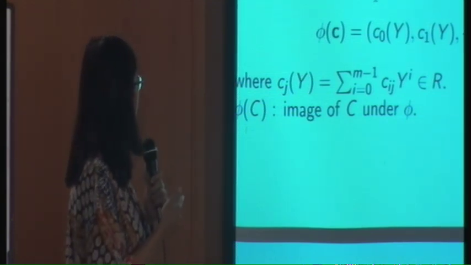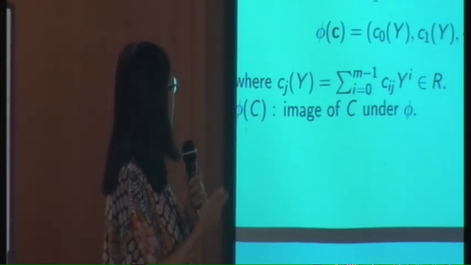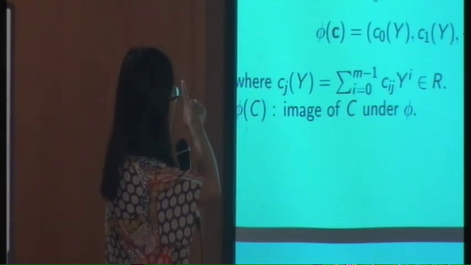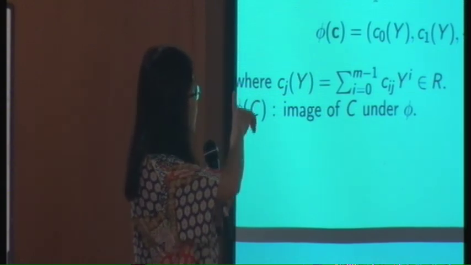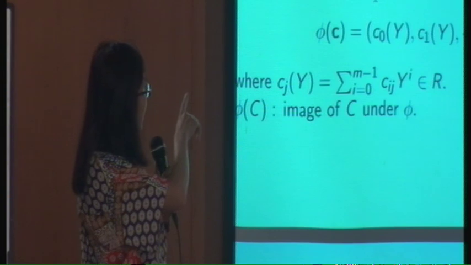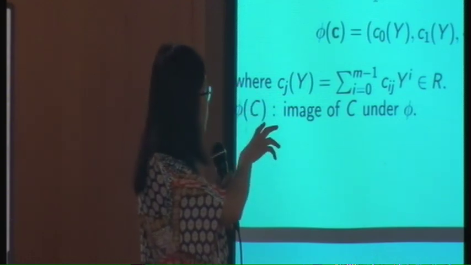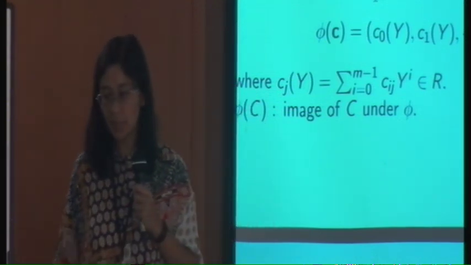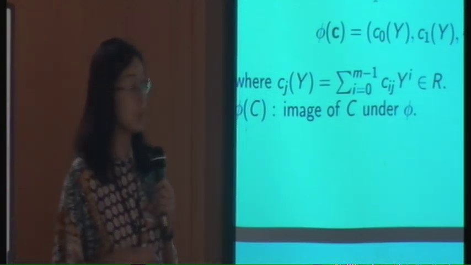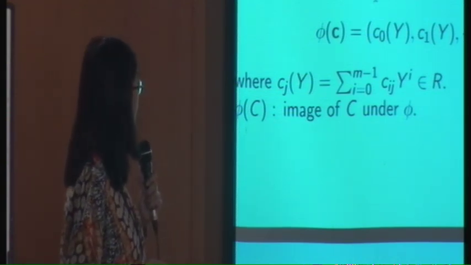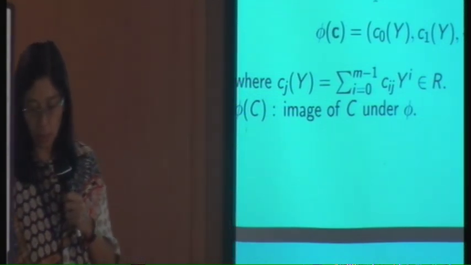And by defining phi from A power lm to R power l, you send the vector from c_00 to c_m-1,l-1 in A^lm to (c_0(y), ..., c_l-1(y)) in R^l, where each c_j is a polynomial in y, and denote by phi(C) the image of C under phi.